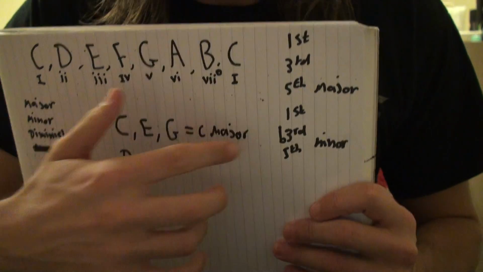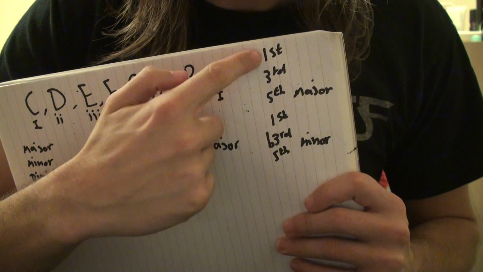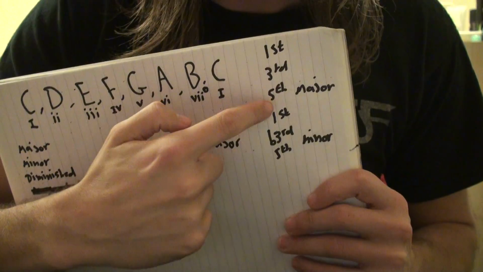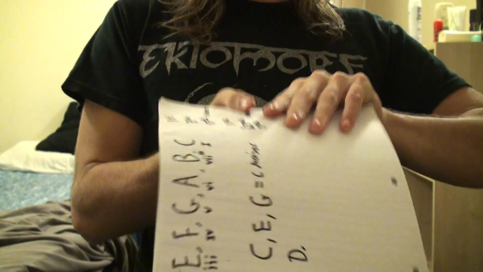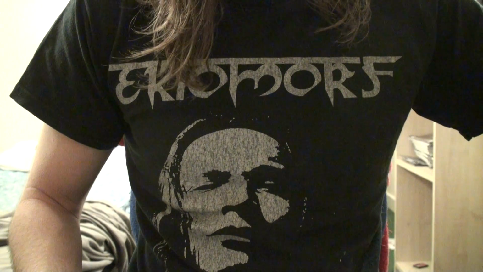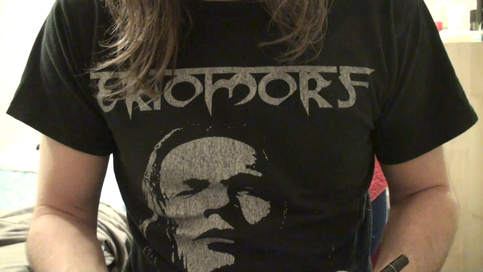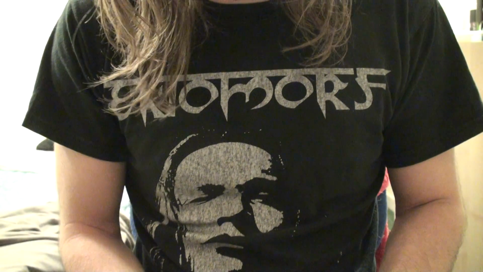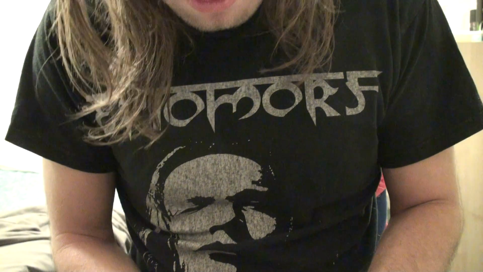Between the intervals, so between the first, third, and fifth in a major key, you have two tones between the first and the third, and then between the third and the fifth you have 1.5 tones.